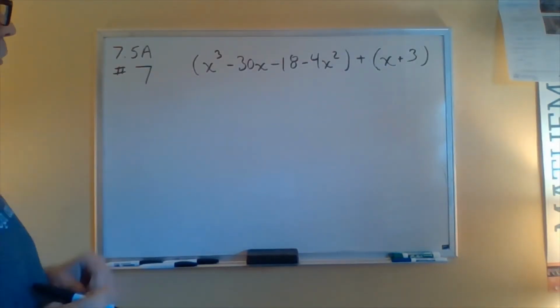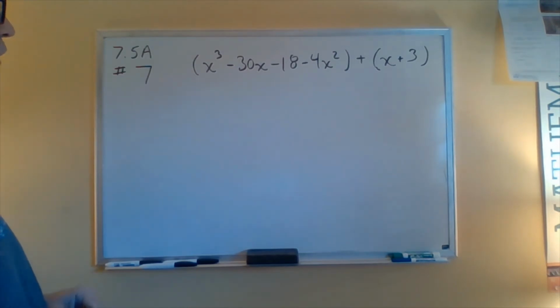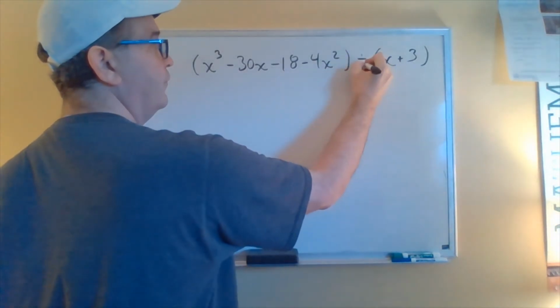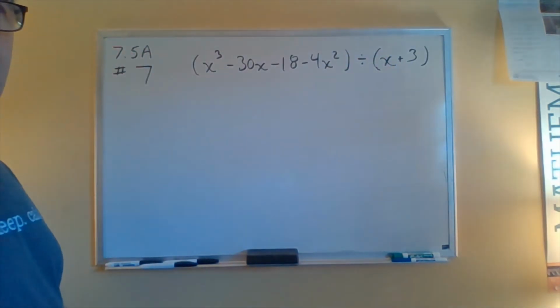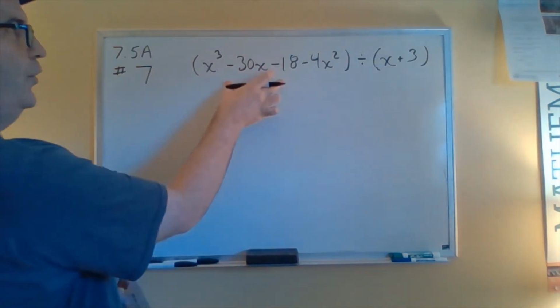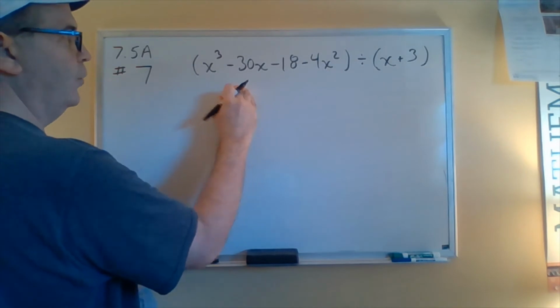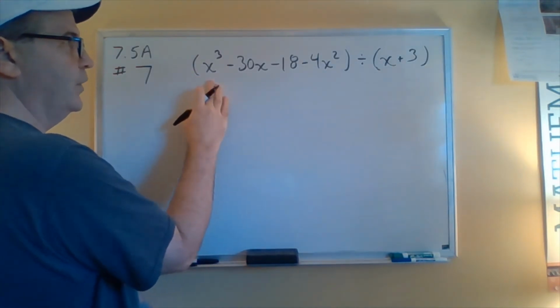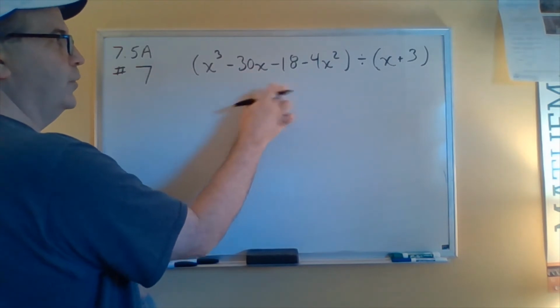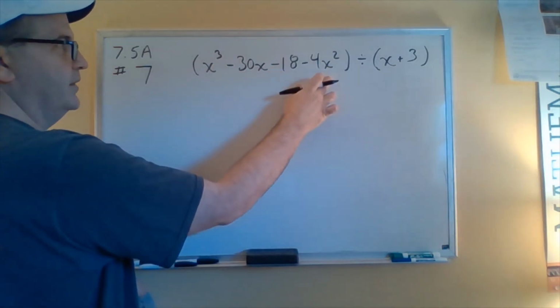Number 7, we're given a polynomial x cubed minus 30x minus 18 minus 4x squared, and we're asked to divide that by x plus 3. Well, we have to rewrite this polynomial because it's kind of jumbled up. We need it in order of descending degree, meaning if I'm starting with the third power, I have to have my second power term here, first power term here, and my constant at the end.